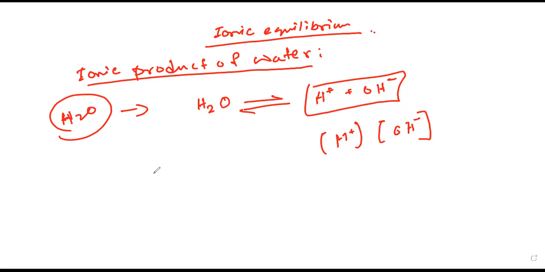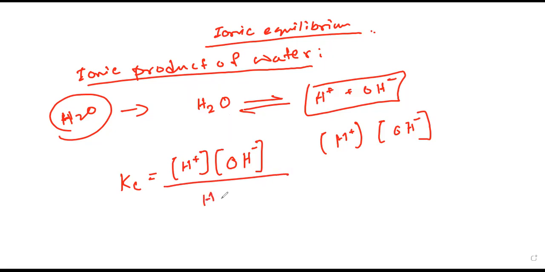Now, let's describe it in terms of its equation. Recalling our previous knowledge of Kc, the equilibrium constant, if we have a reaction, we write it in terms of its products and reactants. On the product side, we have the concentrations of H plus and OH minus, divided by the concentration of the reactant, H2O.